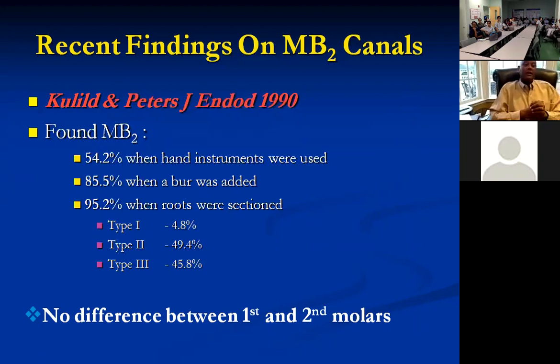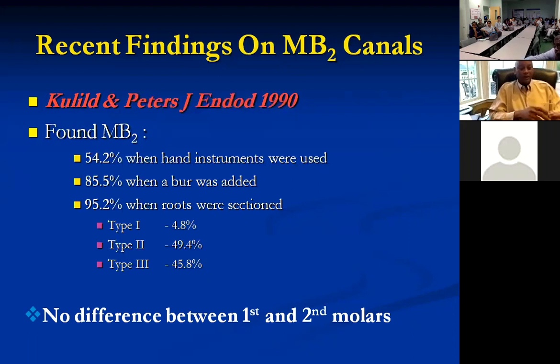This is a study done in 1990 by Kulild and Peters in the Journal of Endodontics, and they found some interesting results about mesial buccal roots and MB2 canals. When they instrumented these teeth by hand, these were extracted teeth, they found about 54% of them had an MB2.